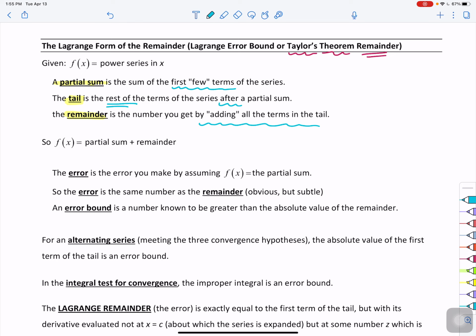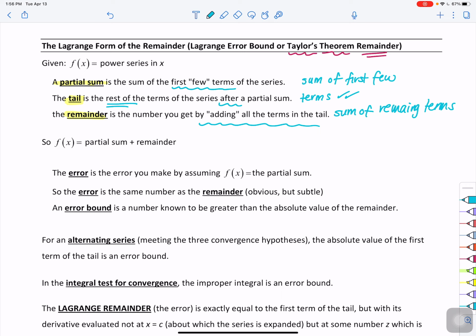Okay? So, the tail is also terms. The partial sum is a sum of first few, and this is the sum of remaining terms. Okay? So the tail is just the terms themselves, not added together.